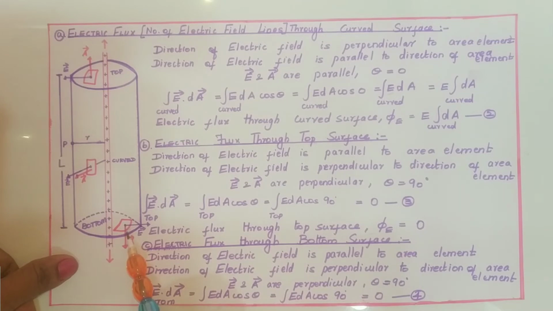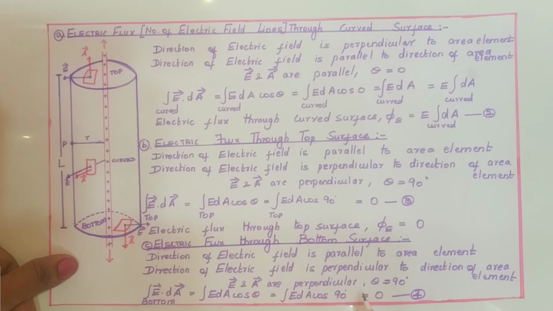That is, E vector and A vector are perpendicular to each other. So the integral over the bottom surface of E vector dot dA vector is equal to the integral of E dA cos theta, which is the integral of E dA cos 90 degrees. Cos 90 is 0, and therefore the flux through the bottom surface becomes 0.